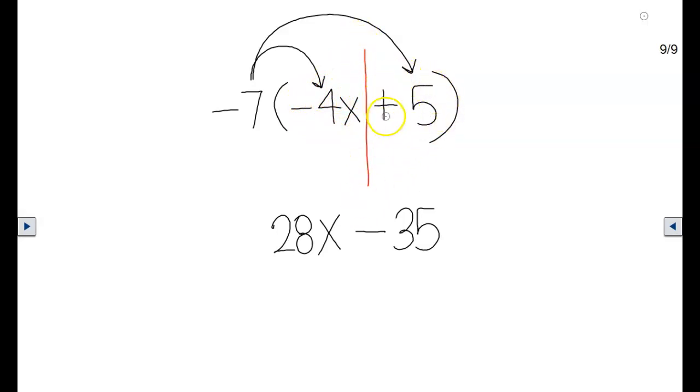And then this second one, the plus or minus sign that you have right here will tell you if that's a positive 5 or a negative 5. But you're still multiplying both members of the group by that outside number and letting whether this second part turns out positive or turns out negative tell you what sign to put right here.